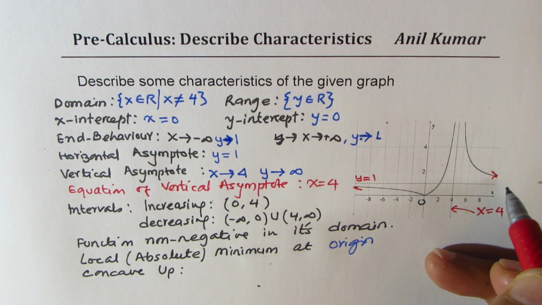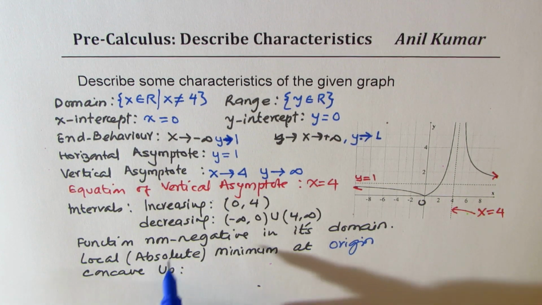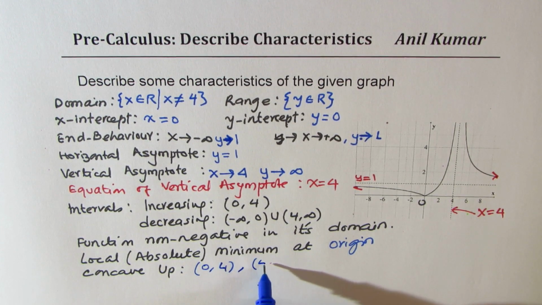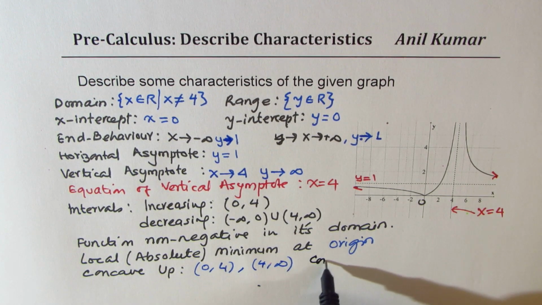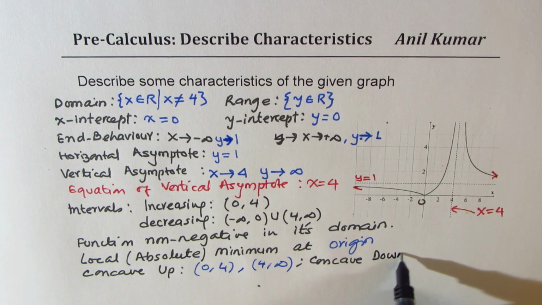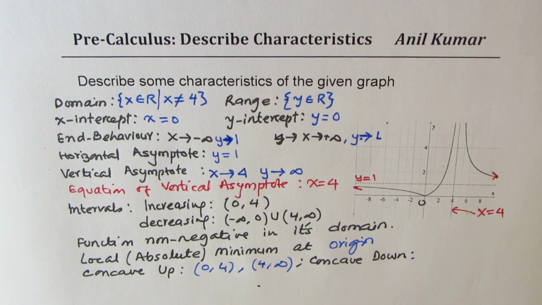It opens kind of upwards, right? So it is concave up from 0 to 4 and then from 4 to infinity. Concave down from minus infinity to 0.